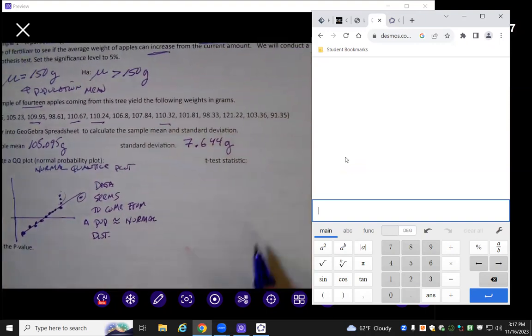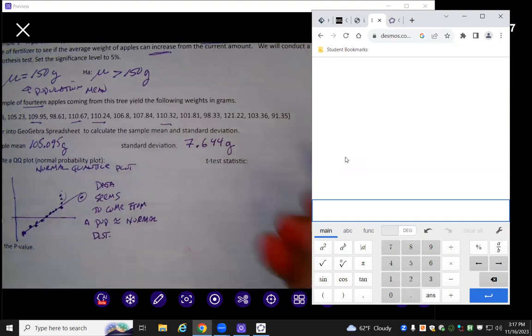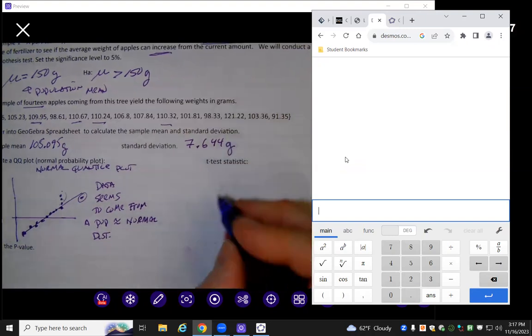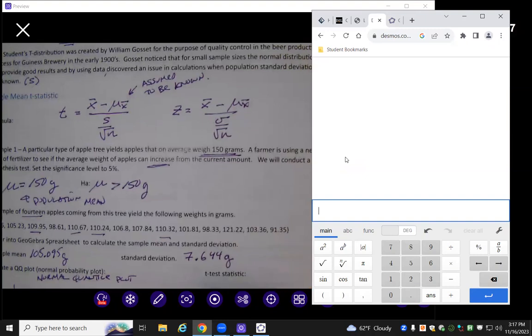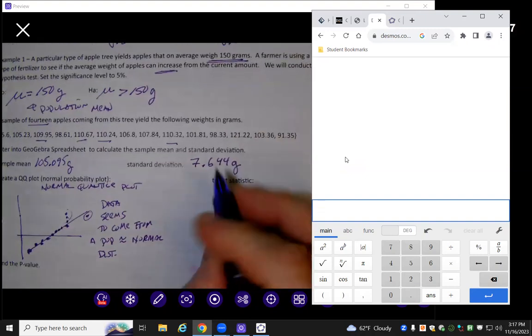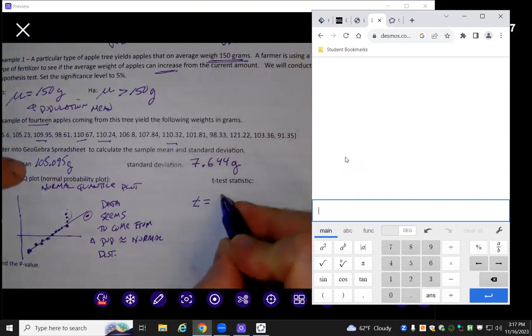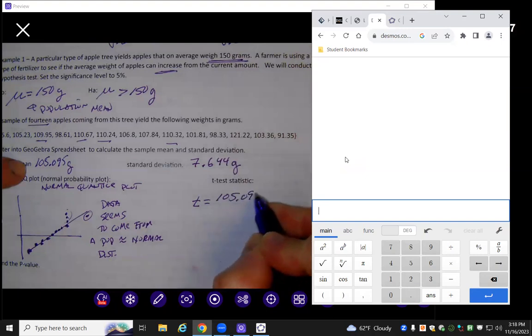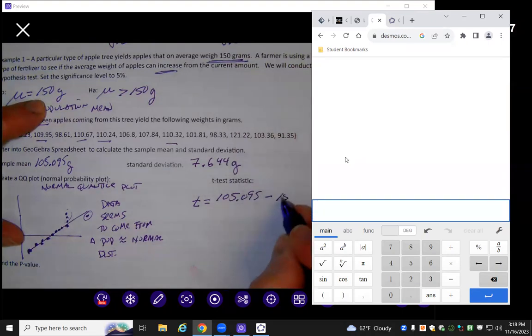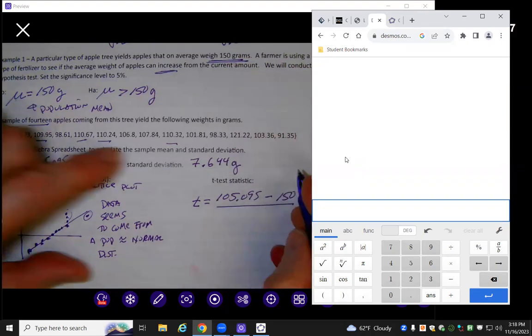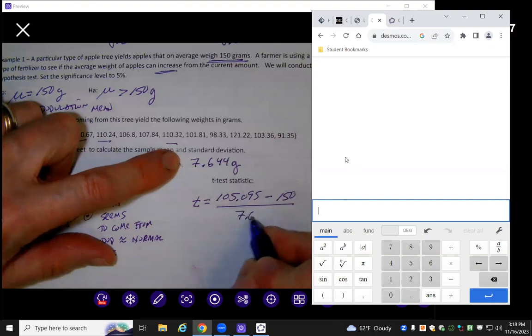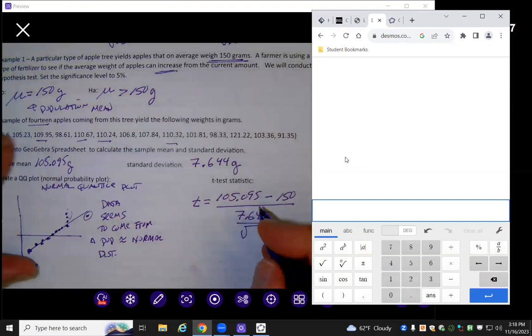All right, so now I'm ready to do my t-test statistic. It looks exactly like what I did before. Here's the formula. There's nothing really special about the way I'm doing this. I enter my mean, minus the mean of the null, divided by my standard deviation, square root of, and then I've got 14 values here.